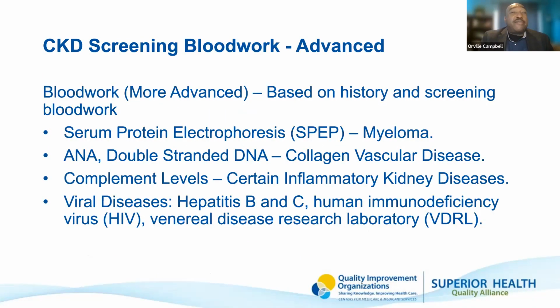All right, advanced blood work, which may not be as simple or evident, such as an SPEP, or serum protein electrophoresis, to screen for myeloma type protein, light chains, kappa, lambda; ANA and double-stranded DNA for collagen vascular disease such as lupus; and then complement levels, which, if low, could mean some type of inflammatory kidney disease, such as active lupus.